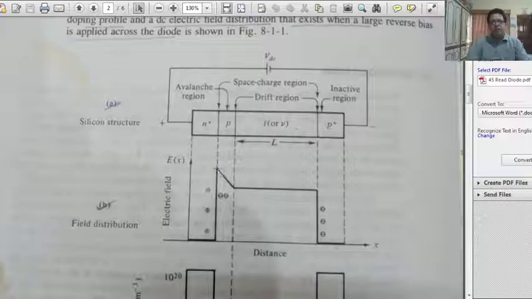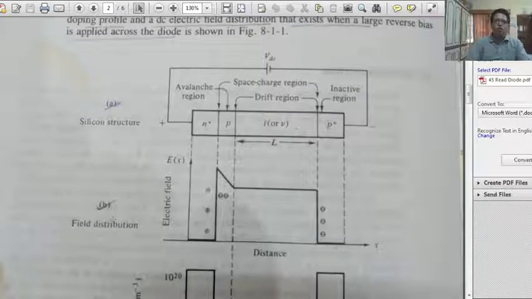But after that there is some decrease due to small doping here, and after that this is the drift region. There is no difference in electric field distribution. And after that, again the P plus heavily doped region, hence the field is infinite.